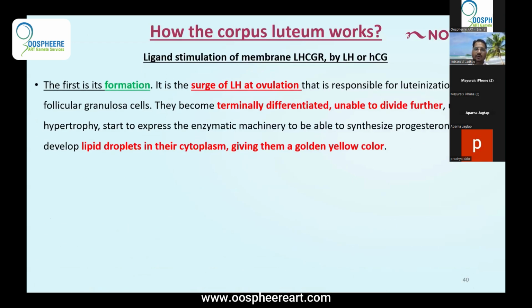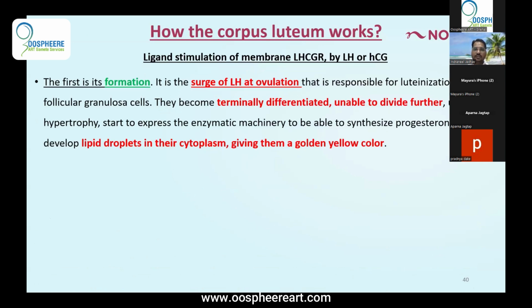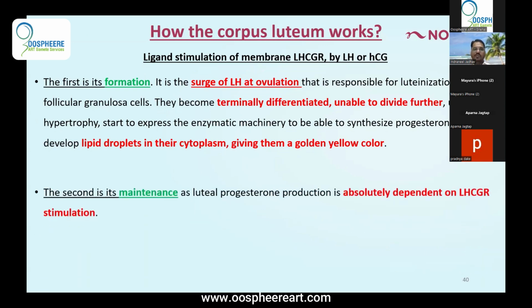The first is formation, which is by surge of LH at ovulation, in which terminally differentiated cells are there for luteinization, which can't grow further. They get hypertrophied. Lipid droplets are then deposited in their cytoplasm and give them a golden yellow color.